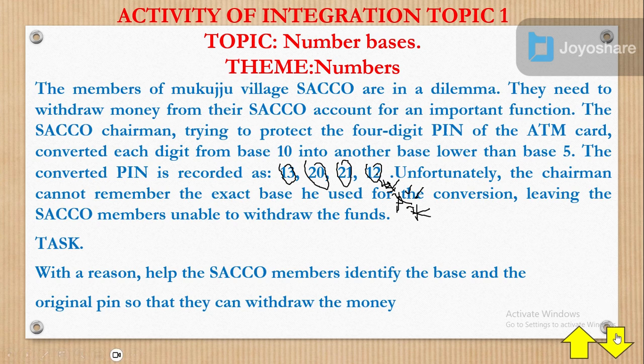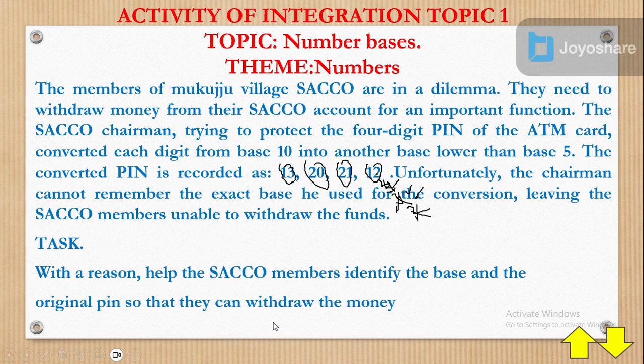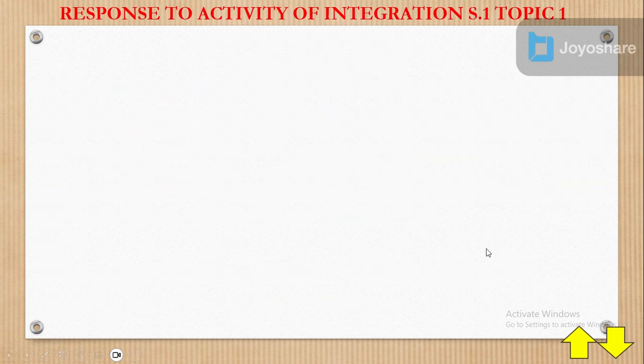Now they're asking, with the reason, help the circle members identify the base. Remember they were confused about which base the chairman converted the pin to. So the reason must be the base and why that base.